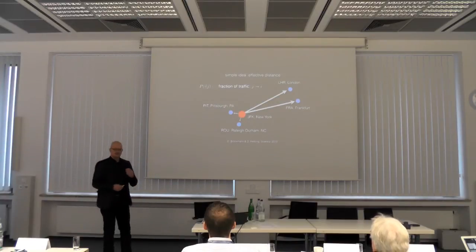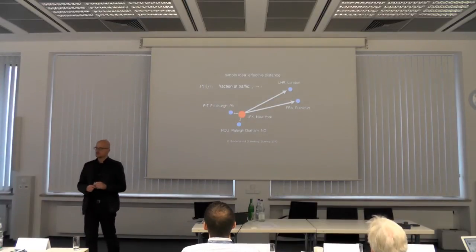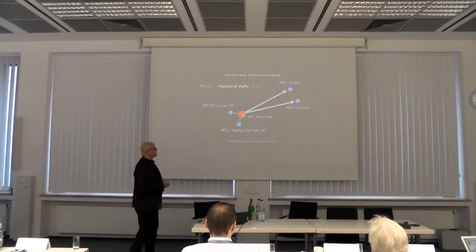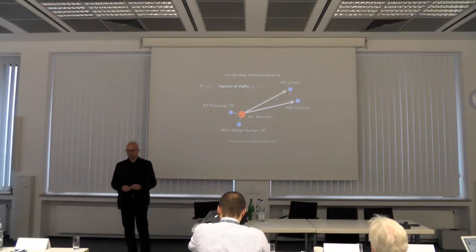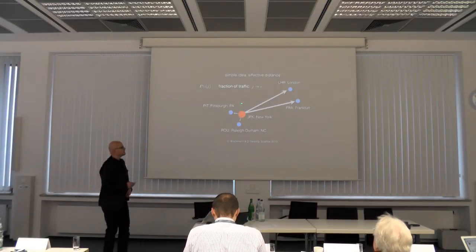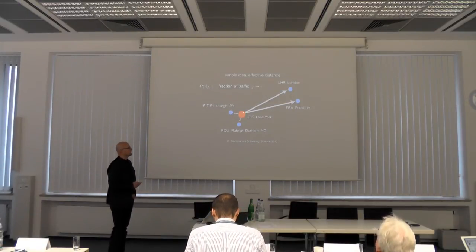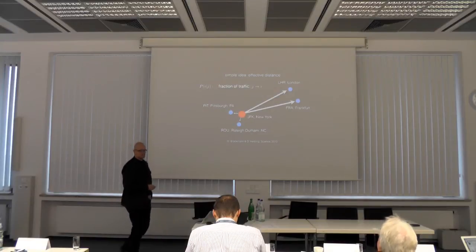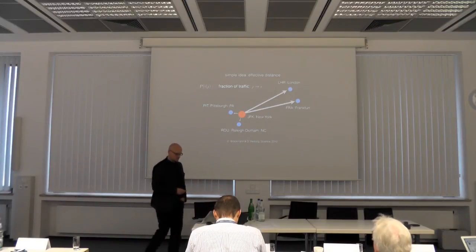Let's assume we look at the global air transportation network, and let's pretend that we're at this node, JFK, in New York. And we look at the number of people that travel from New York to London, from London to Frankfurt, and from JFK to London, JFK to Frankfurt, and JFK to Pittsburgh and Raleigh-Durham. These places are geographically much closer, but there's a lot more traffic going to these big hubs in Europe.